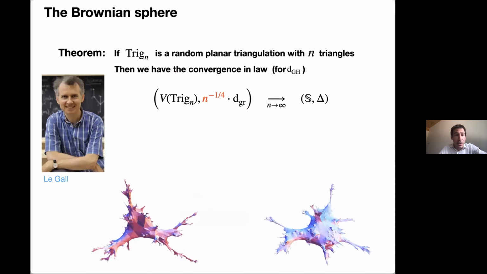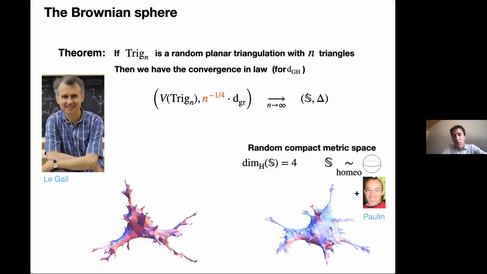The landmark is the theorem of Jean-François Le Gall: if you pick a triangulation of the sphere with n triangles uniformly at random, then when n is large, you see the vertex set of this triangulation as a metric space, equipped with the graph distance renormalized by n^(-1/4). Then you get convergence for the Gromov-Hausdorff topology towards this object, which we call the Brownian sphere.